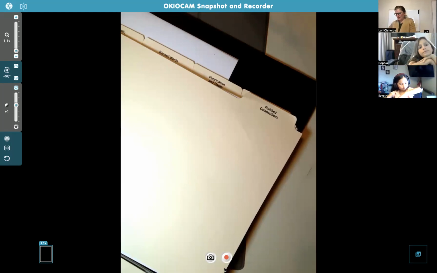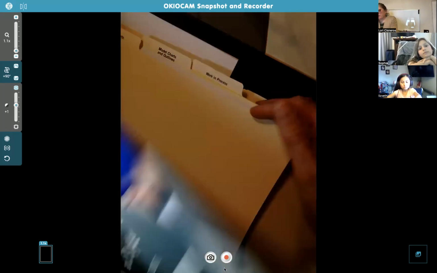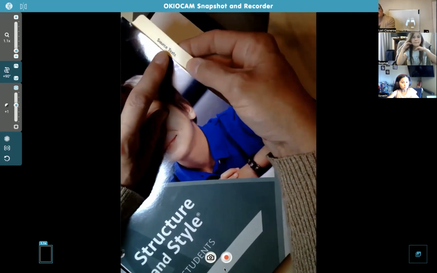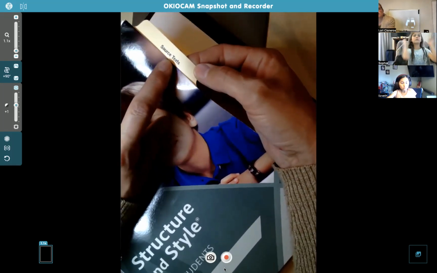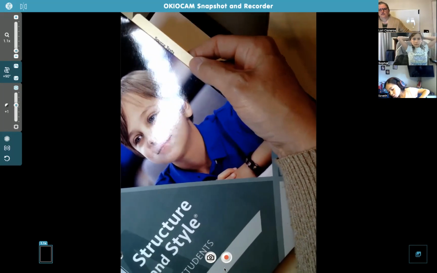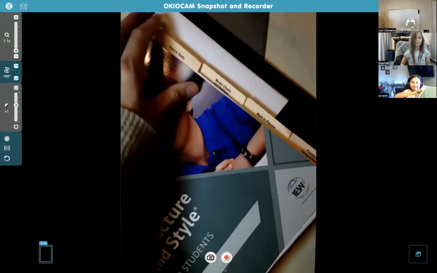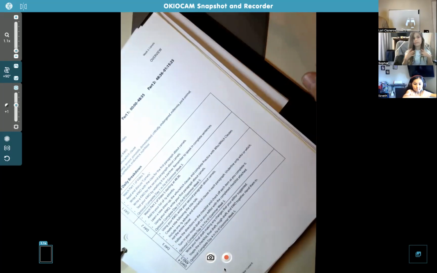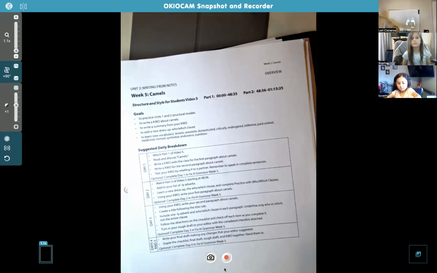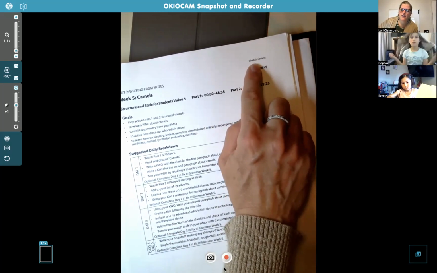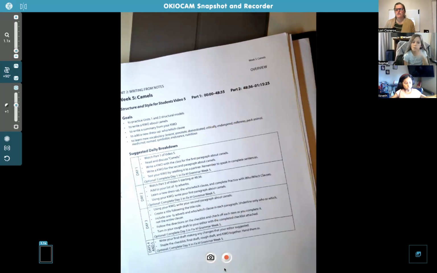Now you're going to go back to the front of your binder right here to source texts. And then you're going to take these out. Take out the ones that say week 5. You know where those are at, Lizbeth? It's called camels.